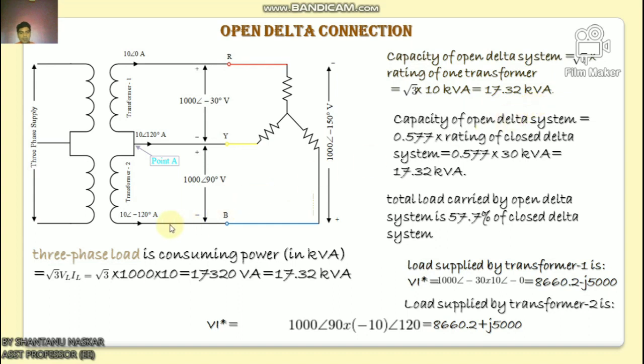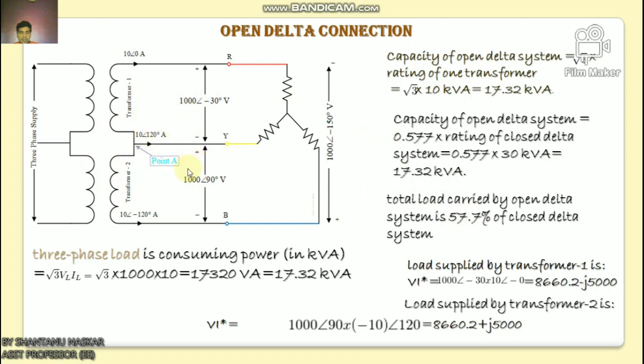So capacity of open delta system we can write as 0.577 into rating of closed delta system, which equals 0.577 into 30 kilovolt ampere, which is 17.32 kilovolt ampere. So the total load carried by the open delta system is 57.7% of closed delta system. You can better understand the above equation with this circuit diagram here.